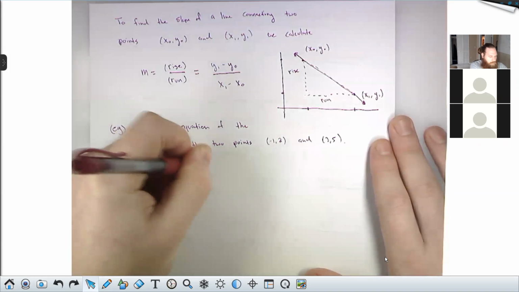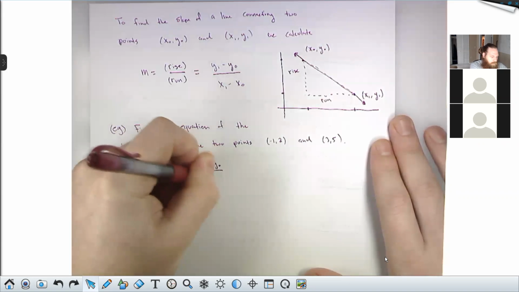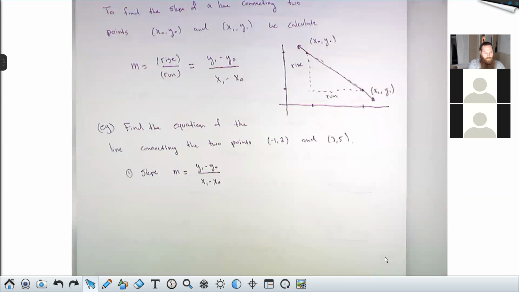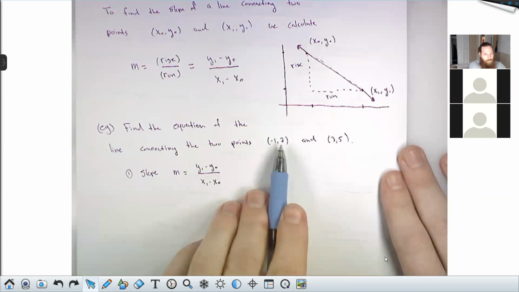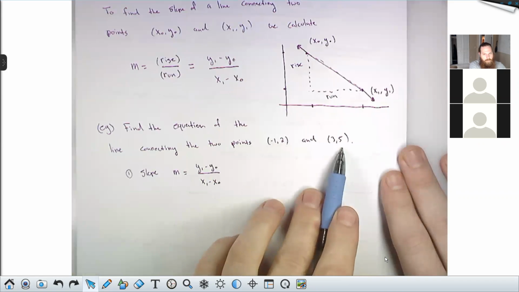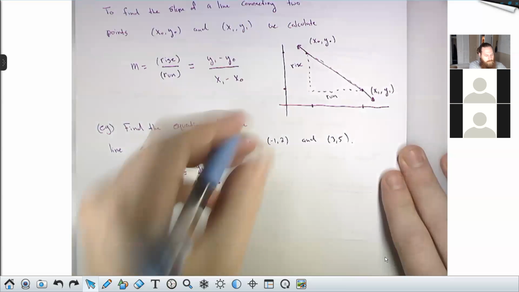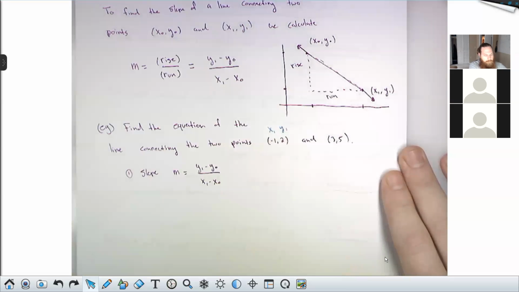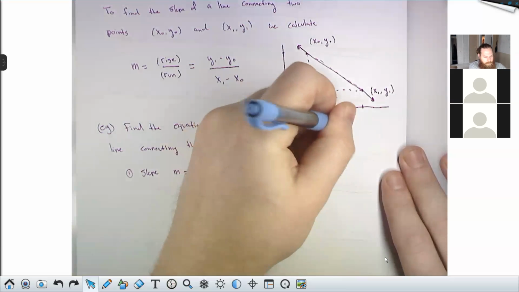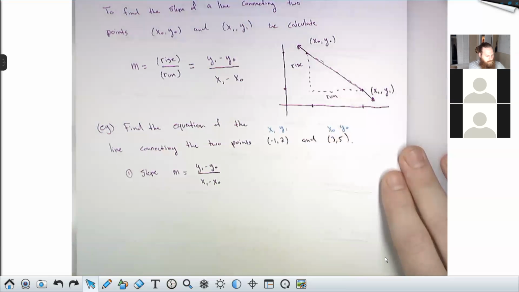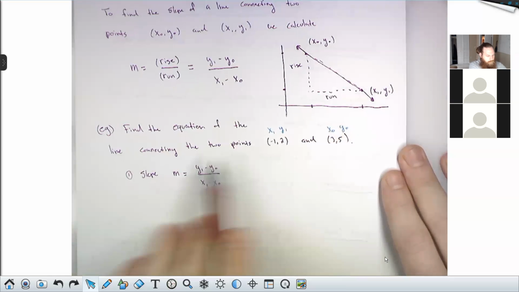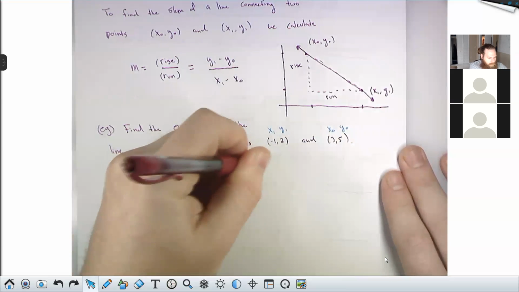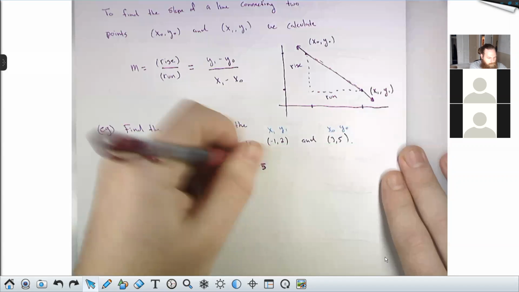That's going to be y1 minus y0 over x1 minus x0. And it's my choice how I want to label these points. I could call this x1, y1, and this x0, y0. As long as the 1s go together and the 0s go together, you'll be safe. Let's do it like this. Call this one x1, y1, call this one x0, y0. So then if I follow this formula, y1 minus y0 is 2 minus 5.